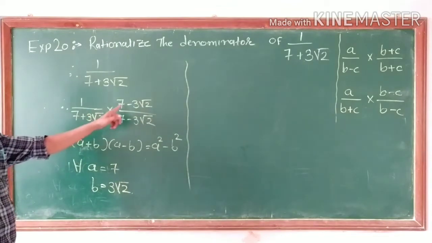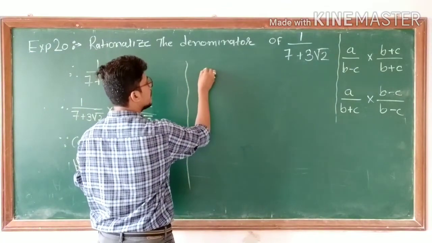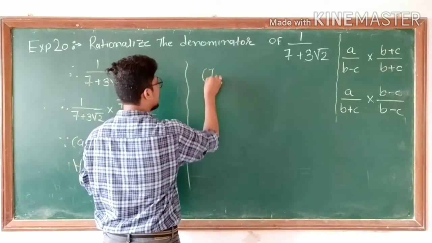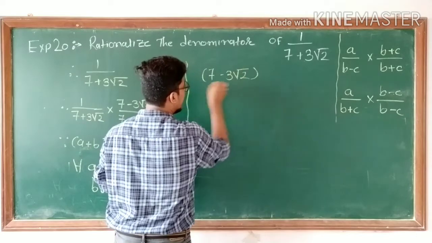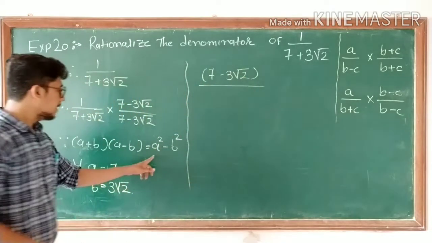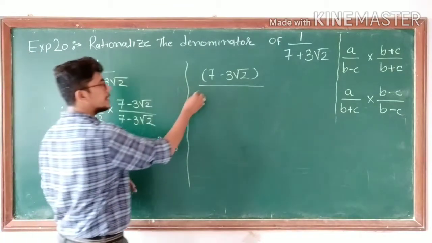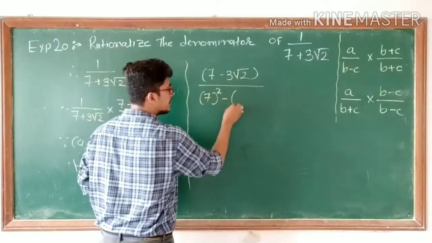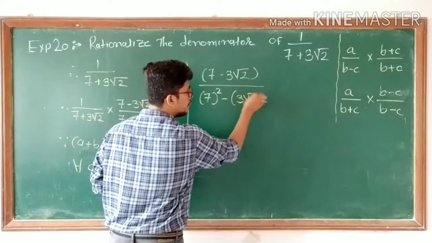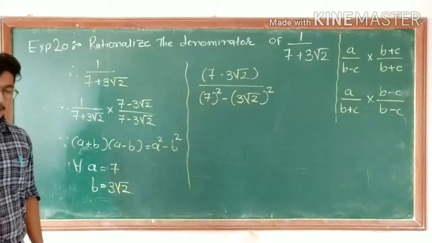So 1 into 7 minus 3 root 2 will be as it is. 7 minus 3 root 2 will be as it is, and here we have to write a square minus b square. So a is 7 to the whole square minus 3 root 2 to the whole square. Yes or no? Yes.